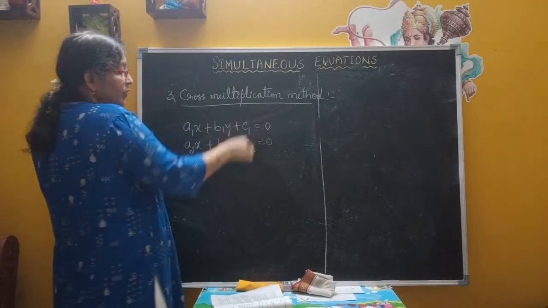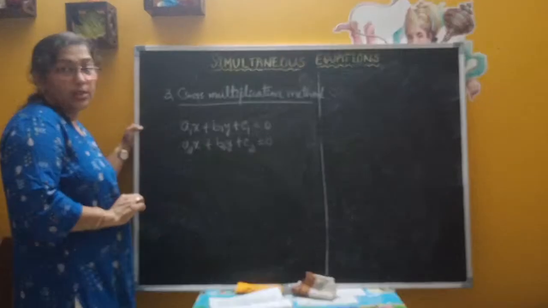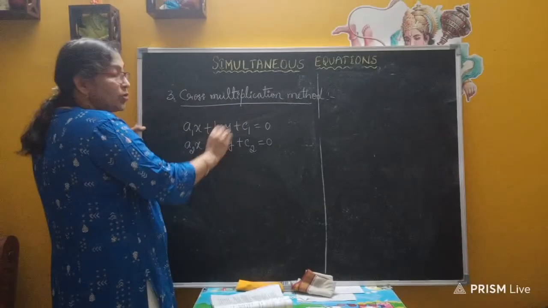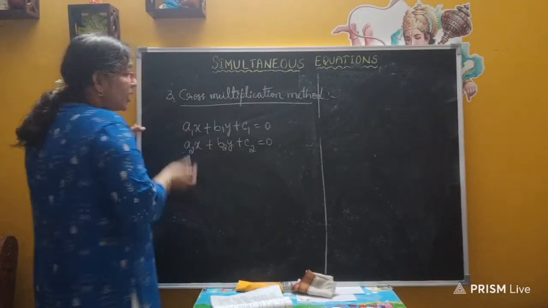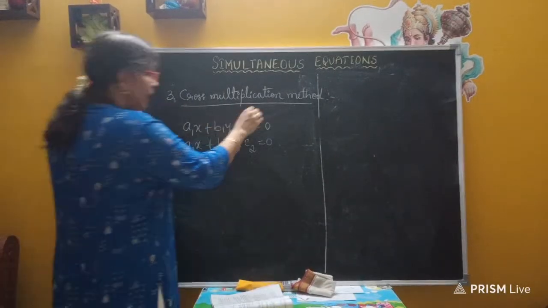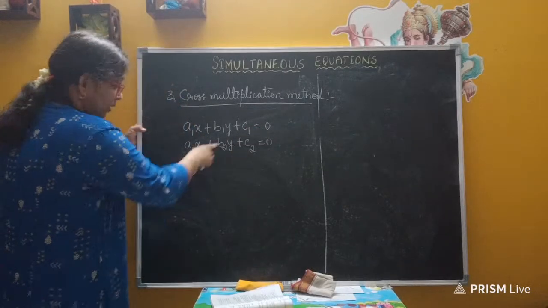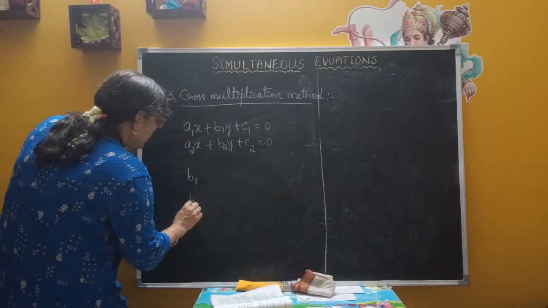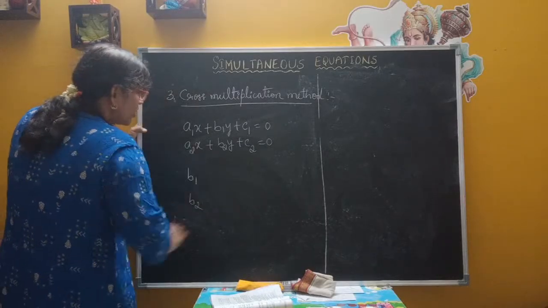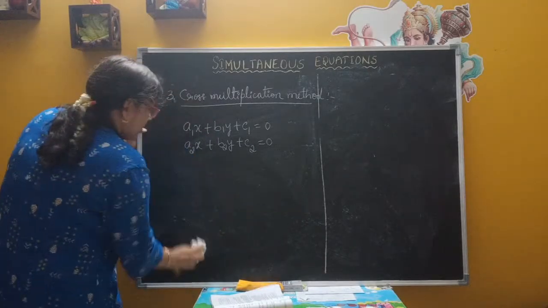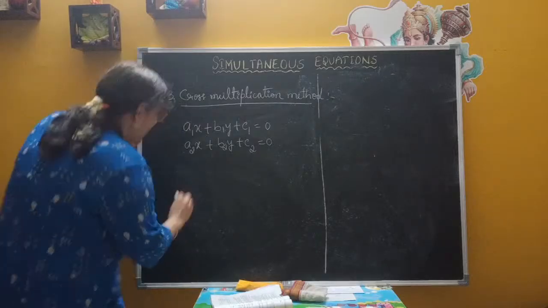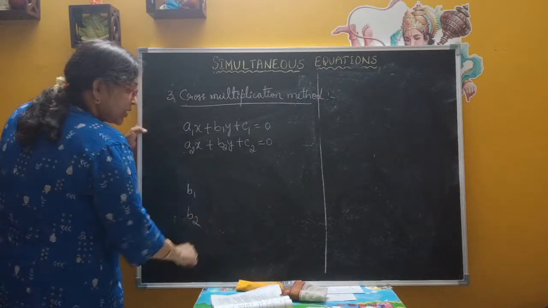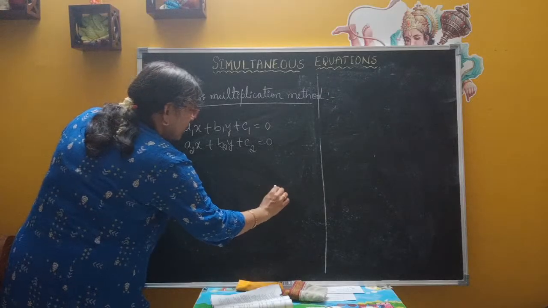Now, if these two are the pair of equations, how to use this cross multiplication method to find the values of x and y? First thing, you have to write the coefficients separately, in this pattern. b1, b2, one below the other, in the first column and the last column.